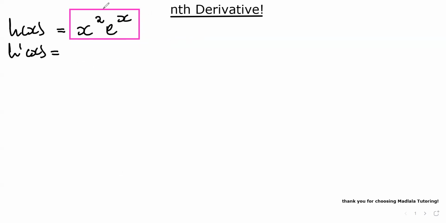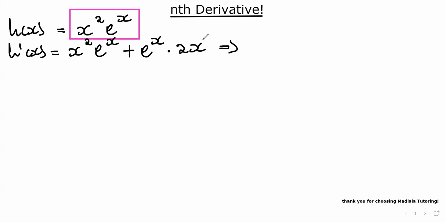So according to the product rule, we take the first function, multiply it by the derivative of the second, and then we say plus. We take the second function and multiply it by the derivative of the first function, right?